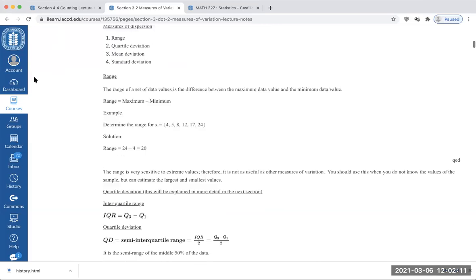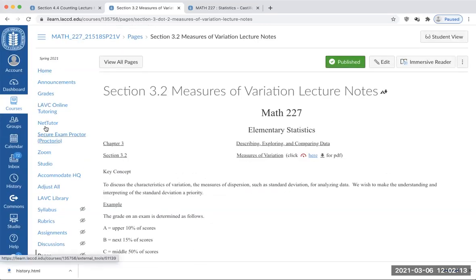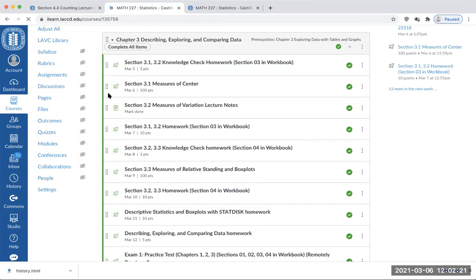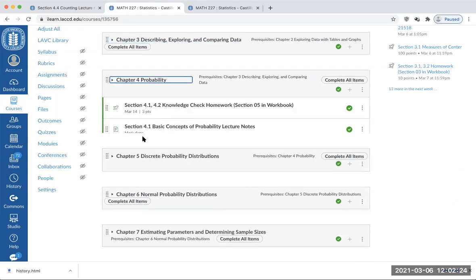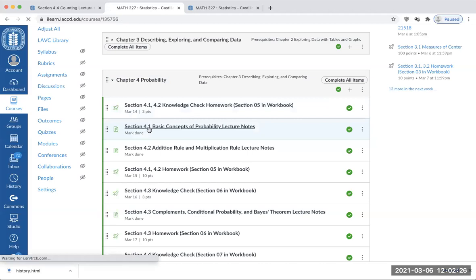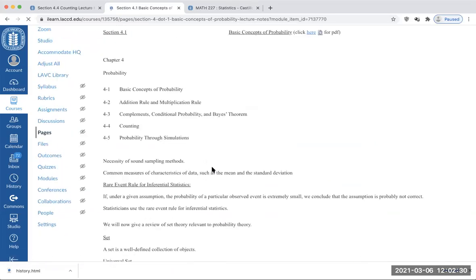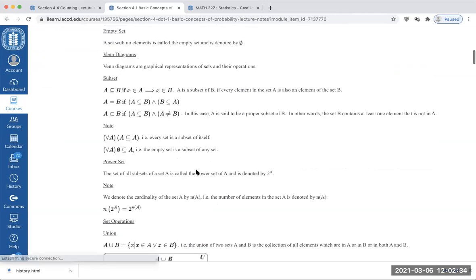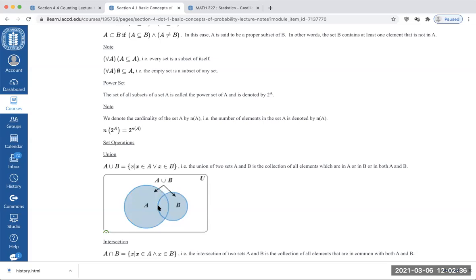I probably have better pictures here, so let me look at the pictures in this. So this is a Venn diagram.